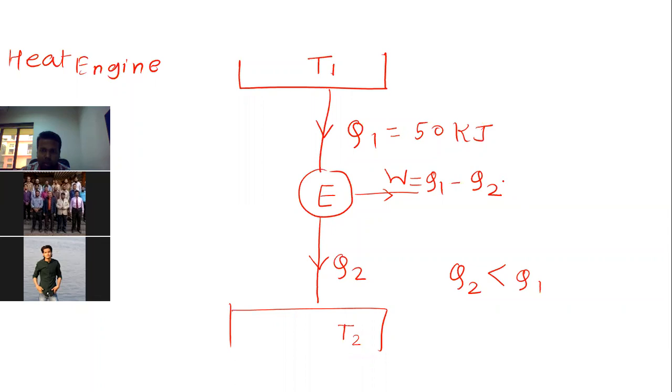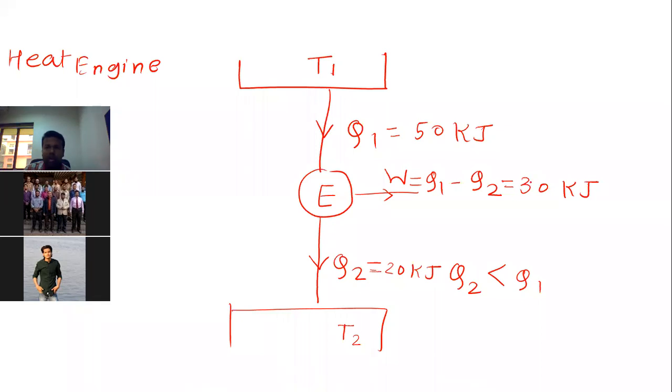Out of 50 kilojoule, 30 kilojoule it converts into work, and let's say 20 kilojoule is rejected. The engine converts only 30 kilojoule of heat into work.